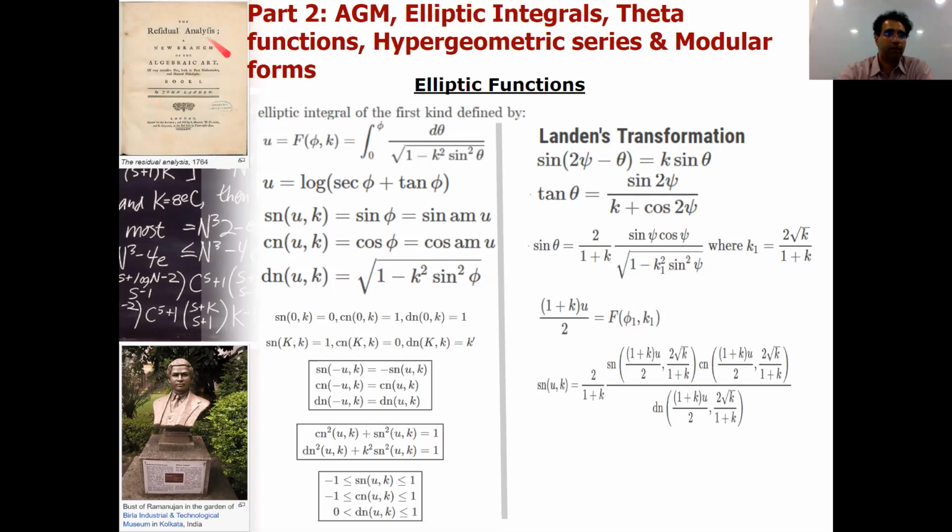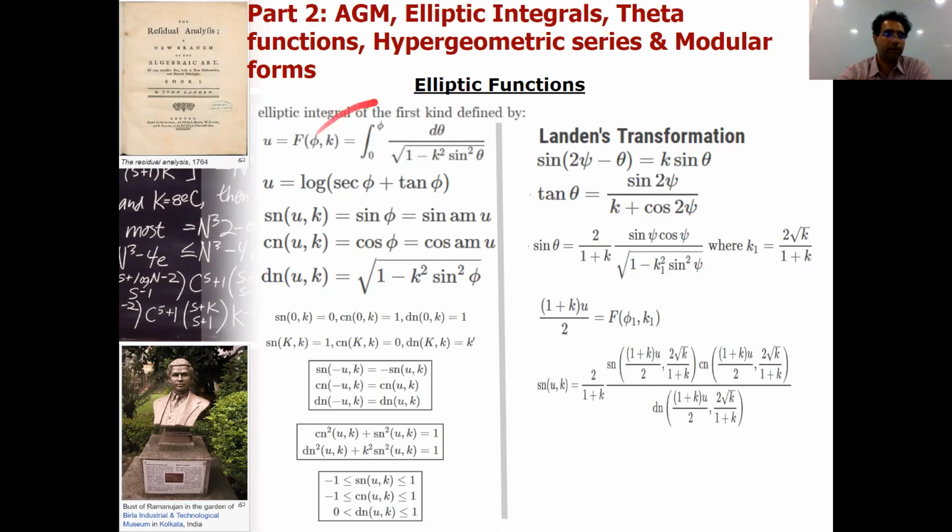At the top left, you have a book written by Landen, who came up with a specific identity involving elliptic functions. We don't have a painting or photograph of Landen, but the book that he wrote is still available. He was a British mathematician.